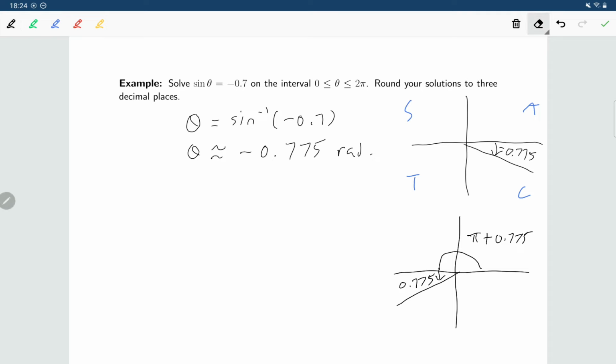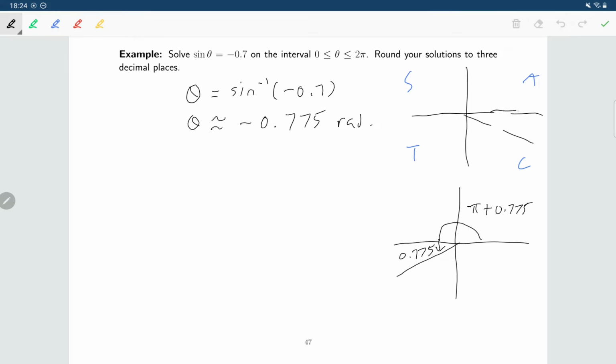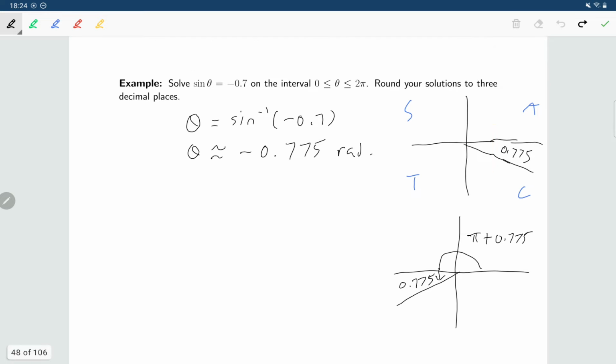For the one that's in quadrant 4, again, I'm going to think about this angle in terms of being a number between 0 and 2 pi. So rather than thinking about this angle as being negative 0.775, again, I'm going to think of the reference angle as being 0.775 radians. I know that one full circle would be 2 pi, and so I've gone 0.775 radians less than 2 pi. This angle I could think of as being 2 pi minus 0.775.